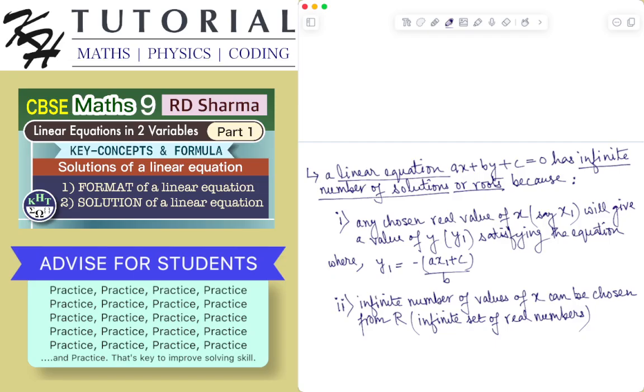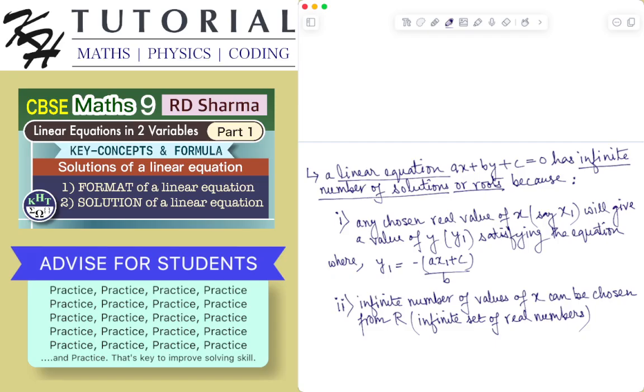Now since there are infinite number of values of x1, I will get infinite number of corresponding values of y1. And hence, we can see that I will have infinite number of ordered pairs x1 comma y1, which will be definitely a root of the given linear equation.